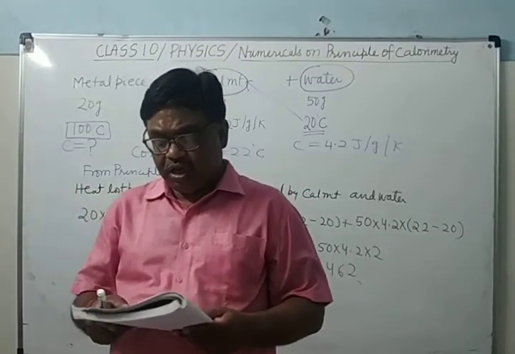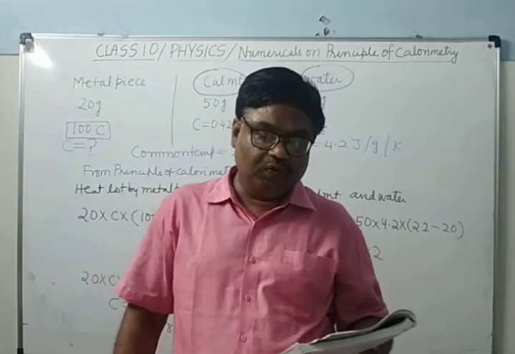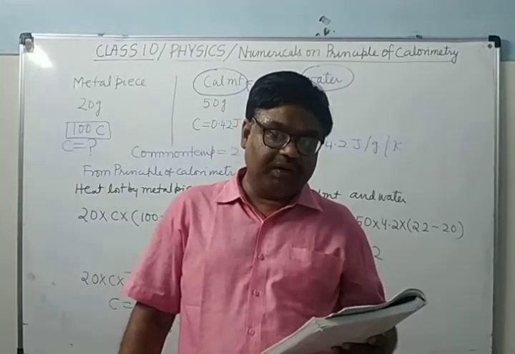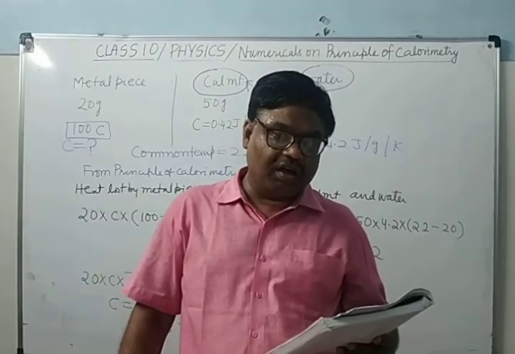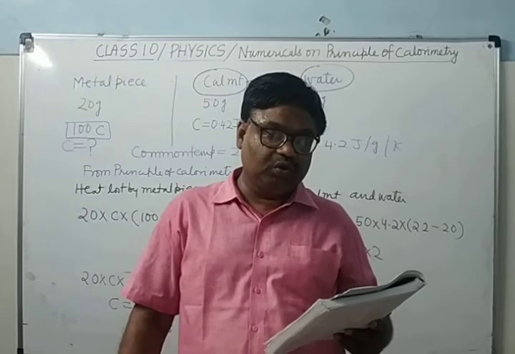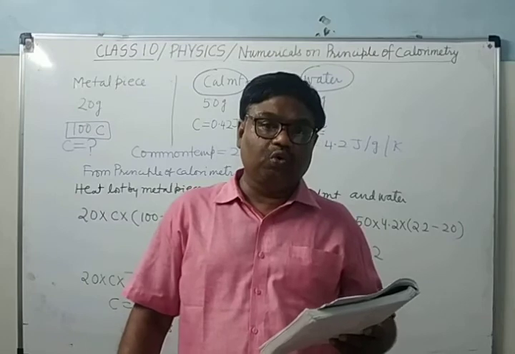I am reading. 1 kg of water is contained in a 1.25 kilowatt kettle. Calculate the time taken for the temperature of water to rise from 25 degrees Celsius to 100 degrees Celsius. So first you find out the total heat required.